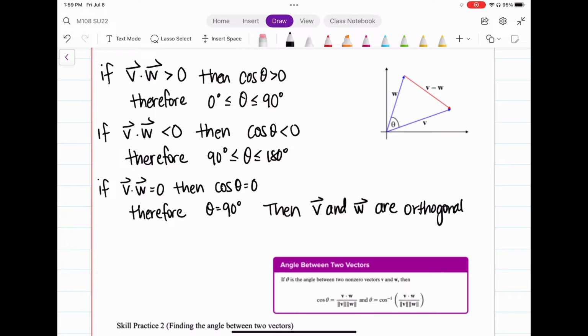Two vectors are orthogonal if, when they're drawn tail to tail, they form a right angle.